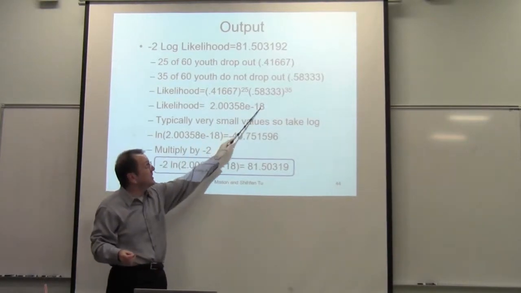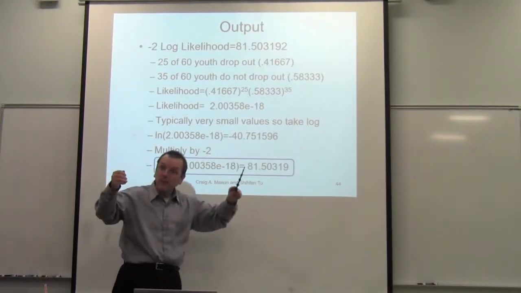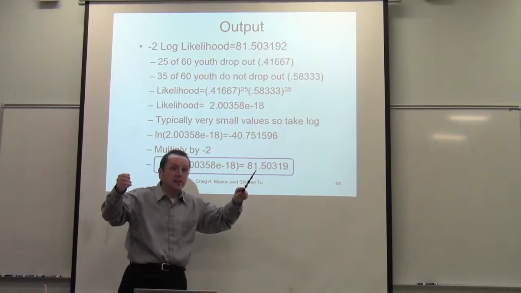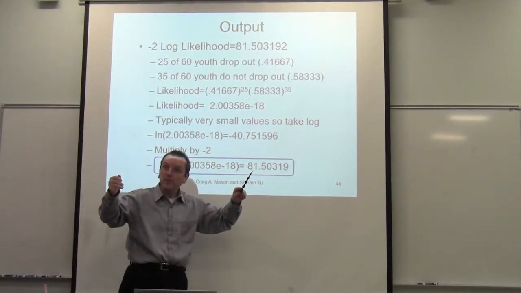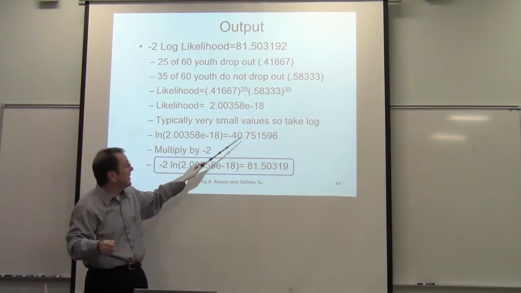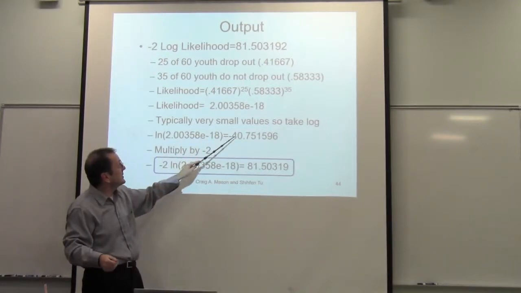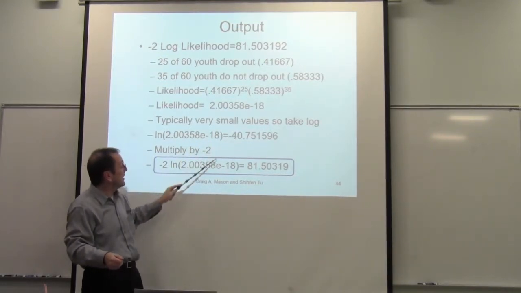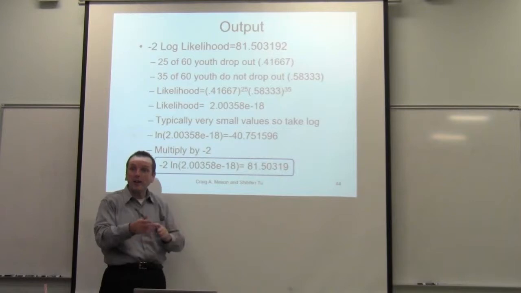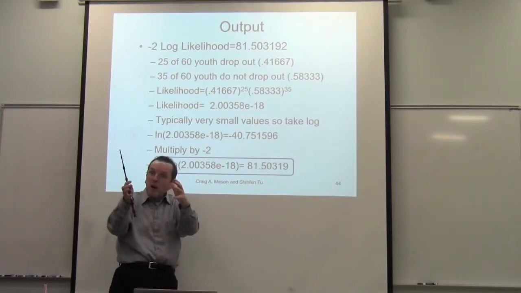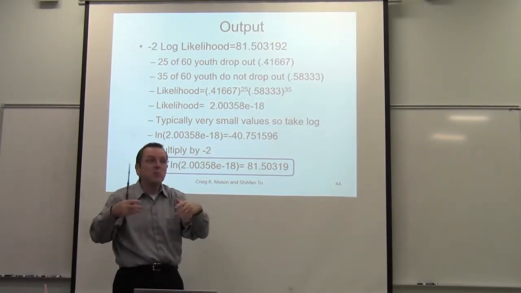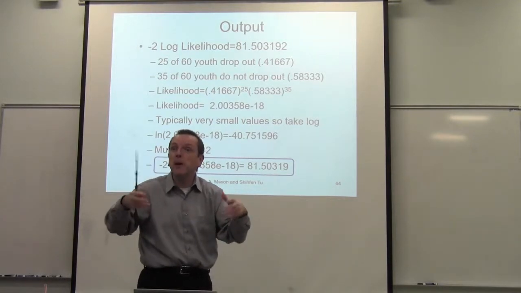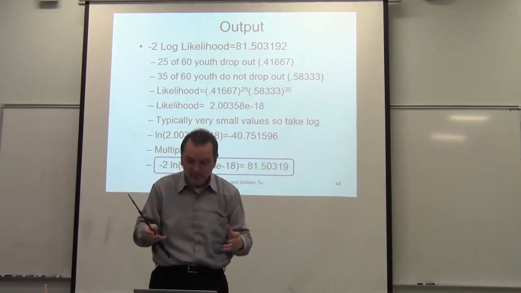That likelihood is going to get bigger because it'll be easier to guess correctly, so the negative 2 log likelihood is going to get smaller and smaller as I get more information and am able to make better predictions based on the model.